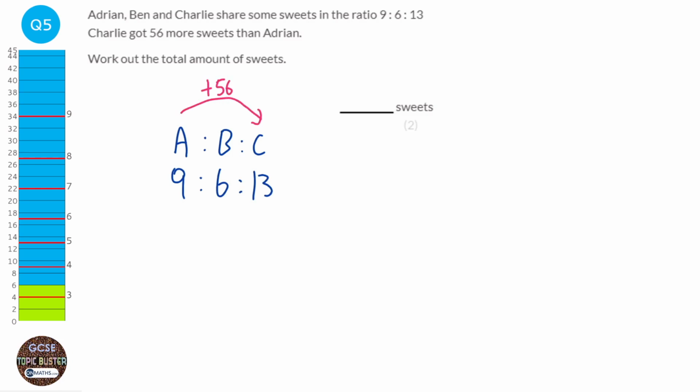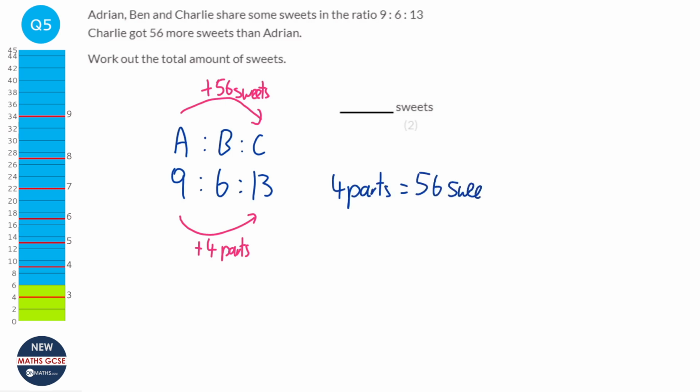Looking at the parts of the ratio, there are 4 more parts, so plus 4 parts represents plus 56 sweets. So 4 parts are worth 56 sweets, and 1 part would be 56 divided by 4, which is 14 sweets.